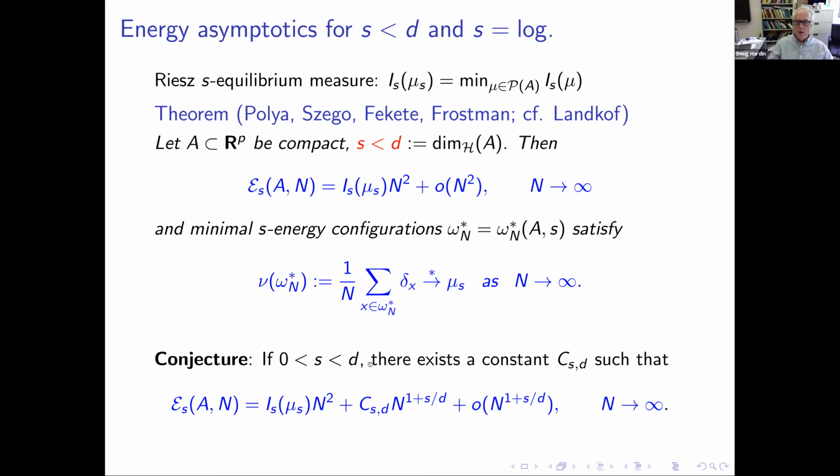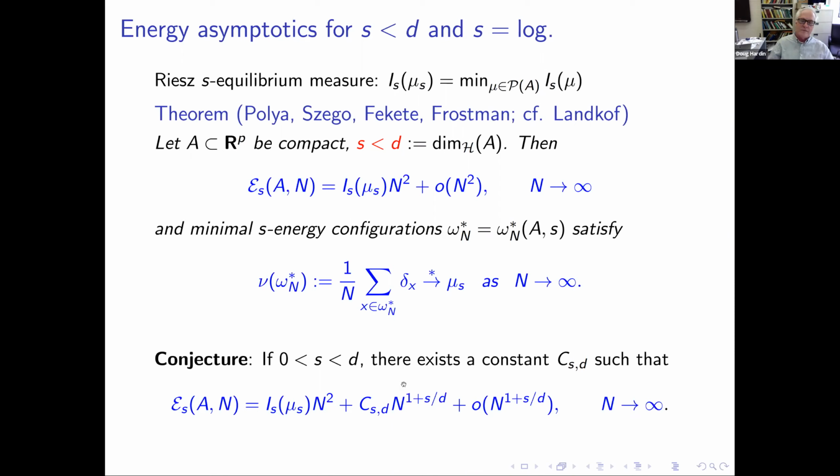Now, a conjecture that we've worked on for a long time, and now finally there's beginning to be some progress that I'll talk about in a few settings, is that for Riesz potentials, when s is between 0 and d, the next order term, we know the dominant term is this n squared term, is going to be of the form n to the 1 plus s over d times some constant that is independent of the set that we're on.